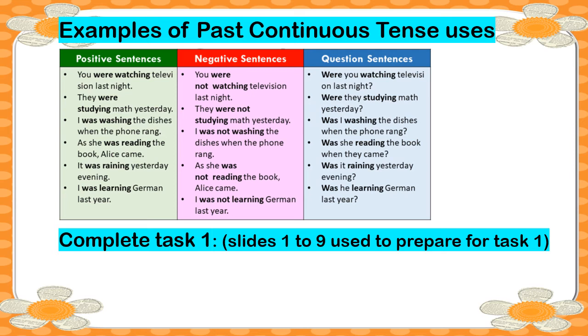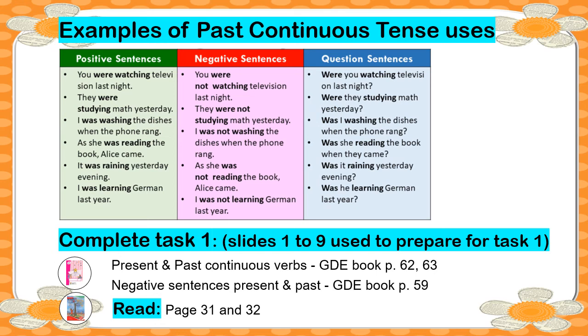You can now continue by yourself reading those sentences out loud to get used to the way of using the was and the were in different ways. Okay, I would like you to please complete task 1.